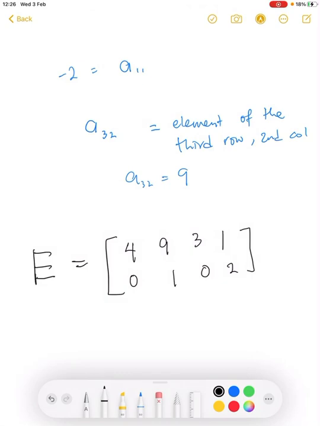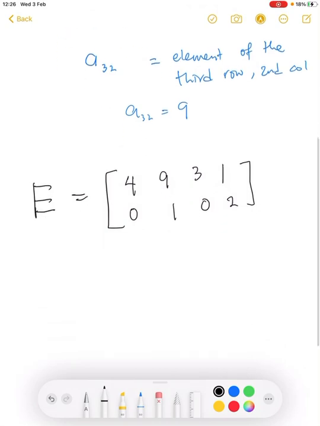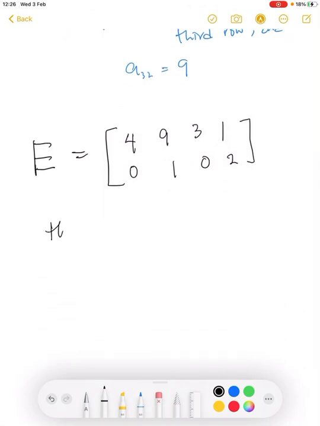So what's the order of matrix E? The order of matrix E is how many rows? 2 rows. How many columns? 4 columns. It's 2 by 4.